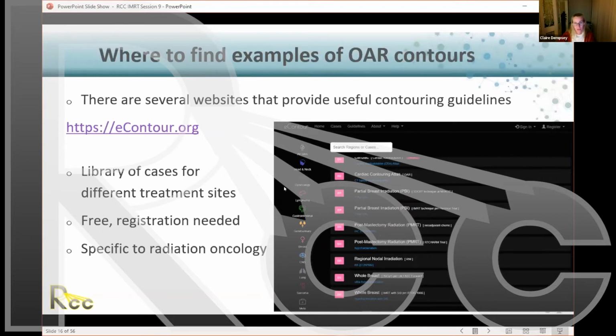So you can see, you can choose a different site down the left-hand side. And even within each individual site, they have a lot of different cases within them. This website's free. You do need to register, but that just takes a few minutes of your time. And this website is specifically targeted to radiation oncology, which is what makes it really, really helpful for us.